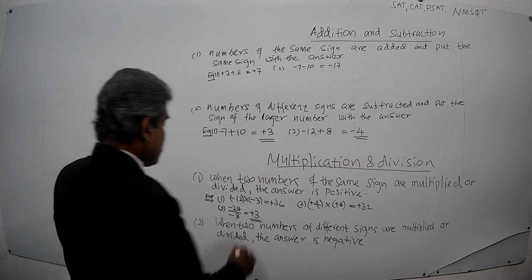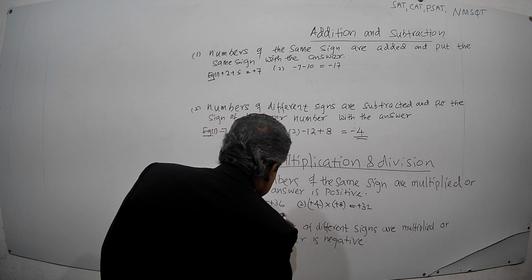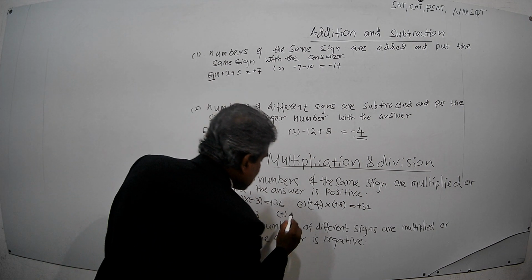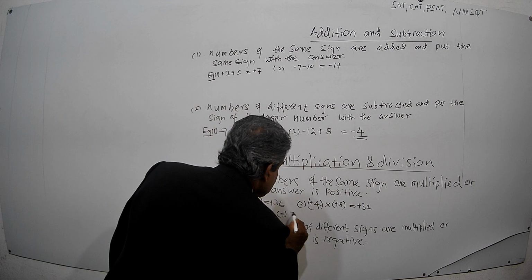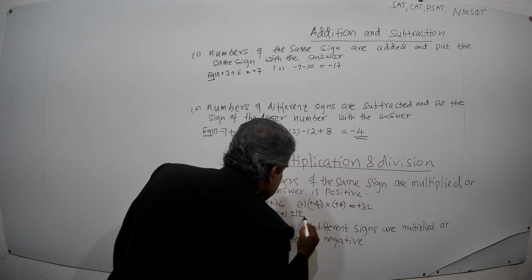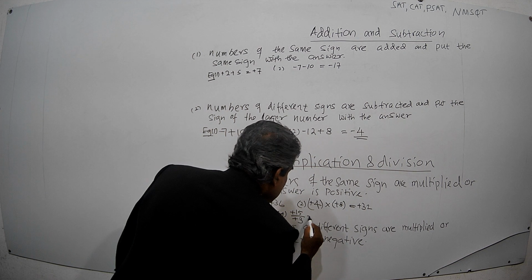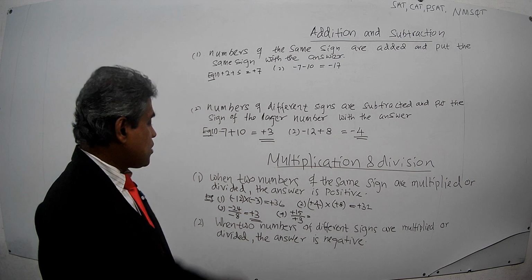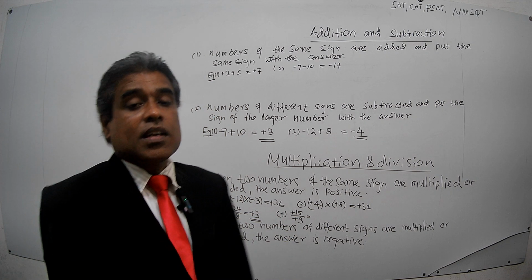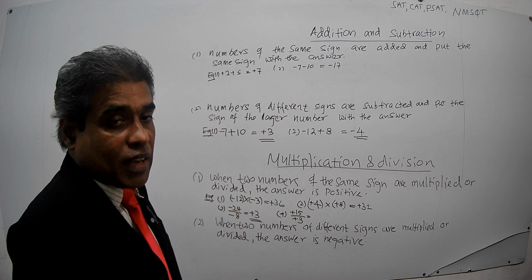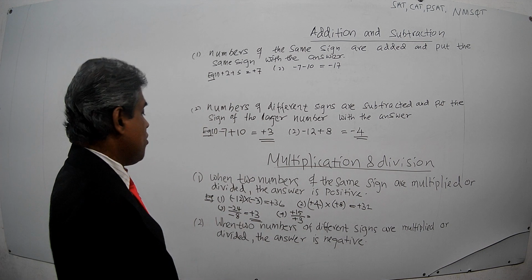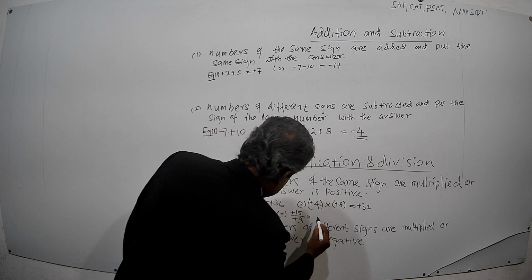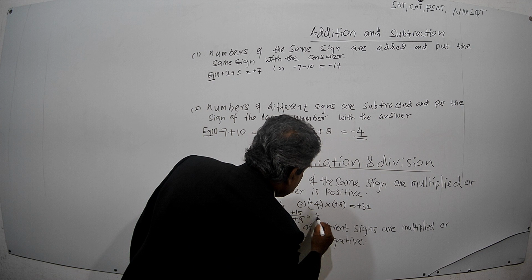Then the fourth example. We take another two numbers of the same sign, let's say plus 15 divided by plus 3. Plus 15 divided by plus 3 is 15 divided by 3, which is 5. But you have divided two positive numbers of the same sign, therefore the answer is positive 5.